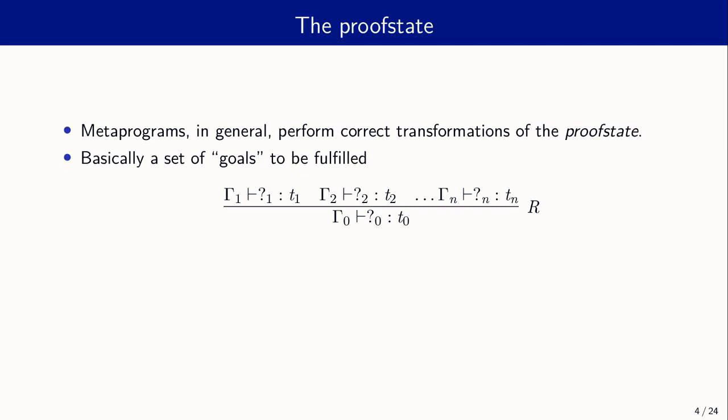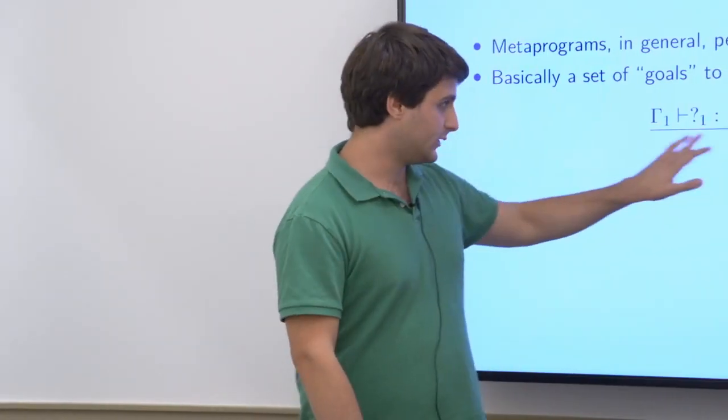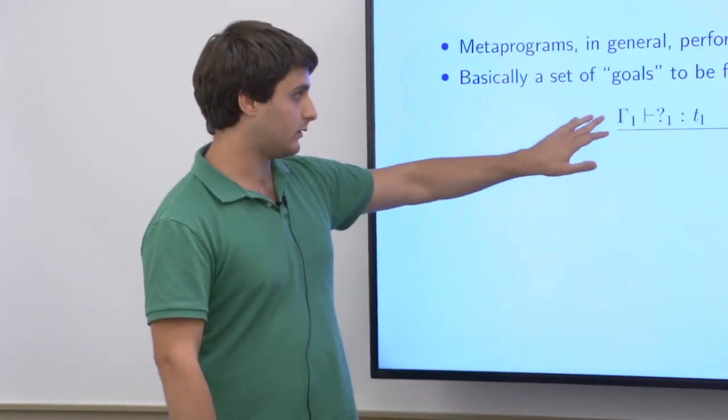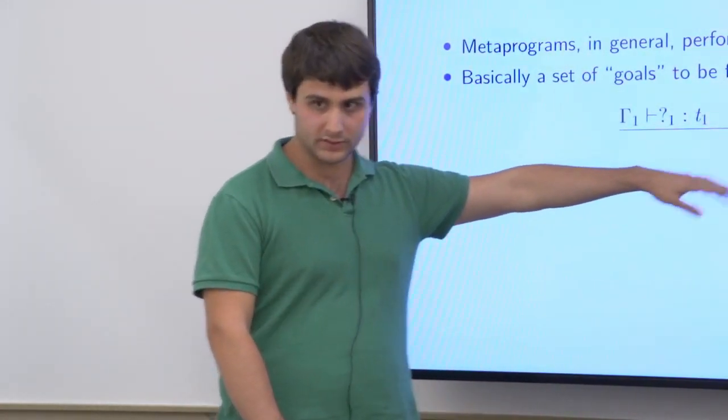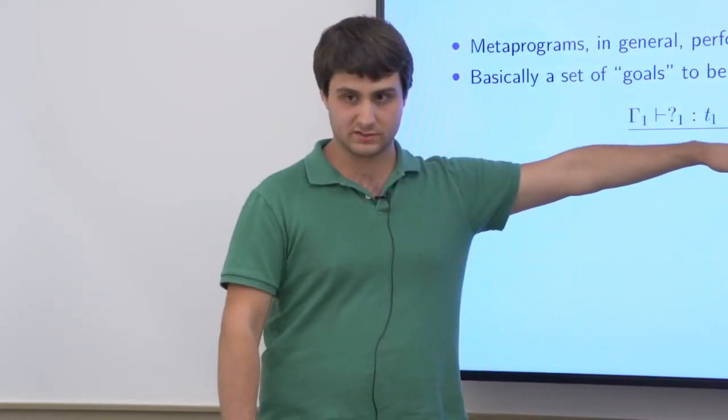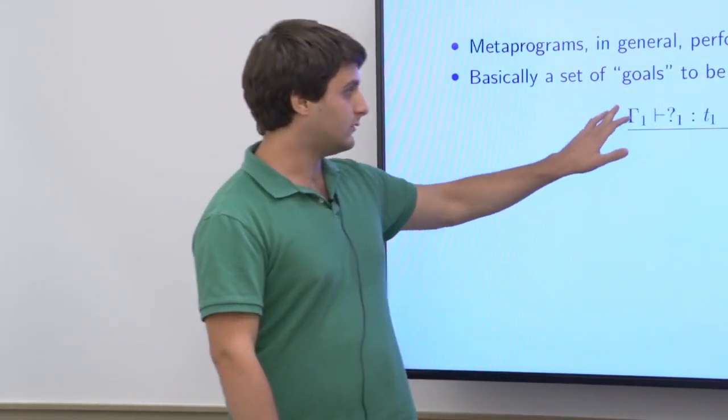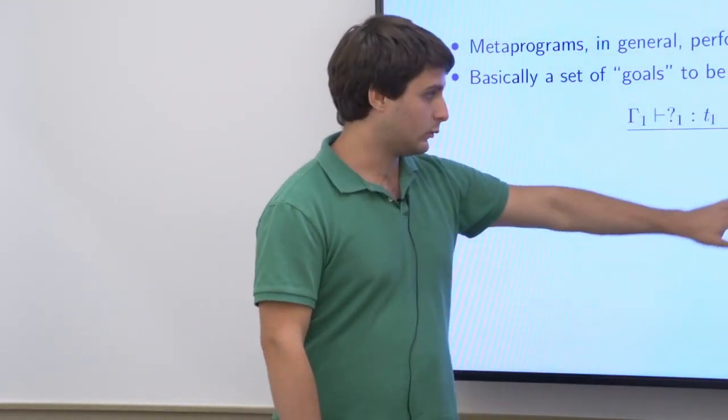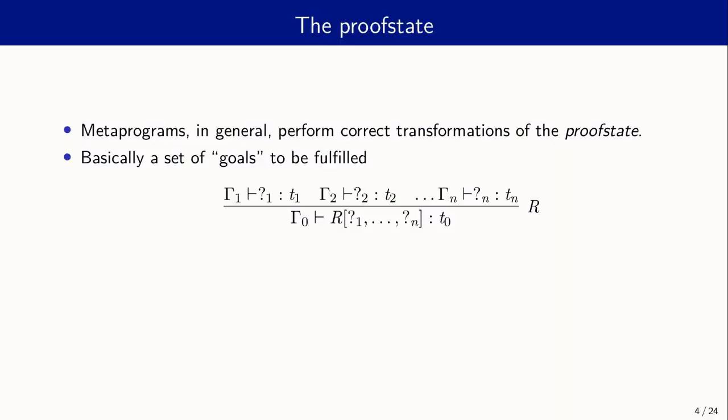break them down in ways that are, so we break this goal into any amount n of other goals in possibly different contexts and different types and new existential variables, such that if we find the solution to all of these, then we get a solution for this one. And that solution is also well defined by some function of the solutions above. This is very LCF style, if you're familiar with the LCF proof system.